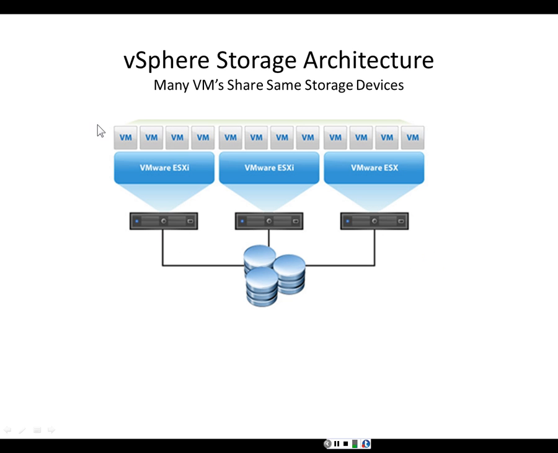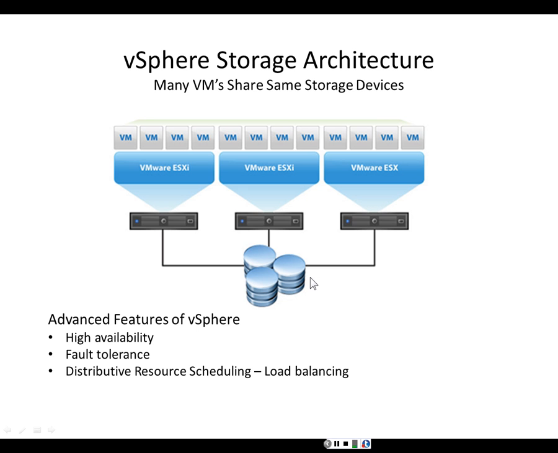Here is another diagram that shows the same thing. It shows that multiple virtual machines running on different ESXi hosts can all access the same data store. And you might say, why would you want to do that? Why is shared storage so important?